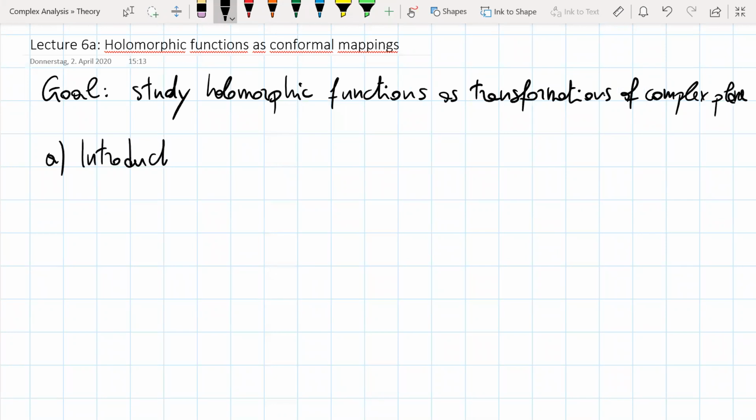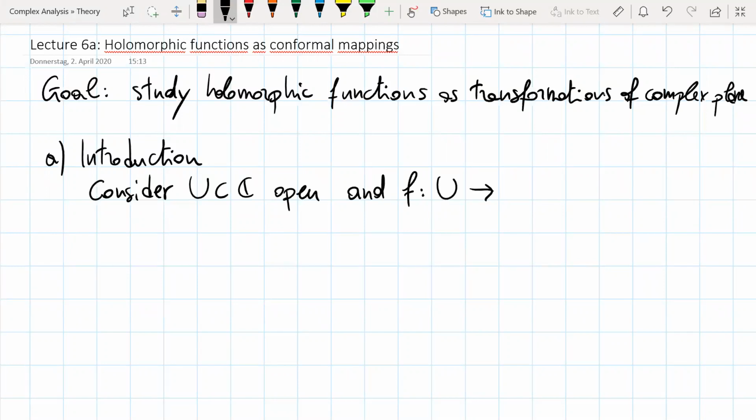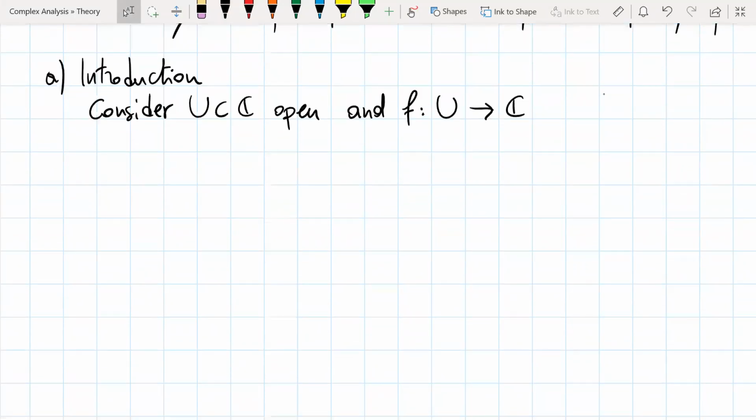We consider here an open set U and a holomorphic function f defined on U. And what we want to study is how this function f transforms points of U into a point in C.